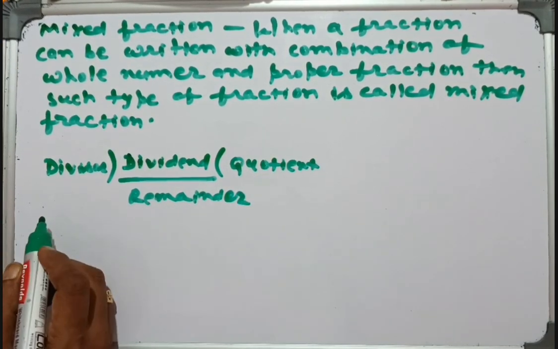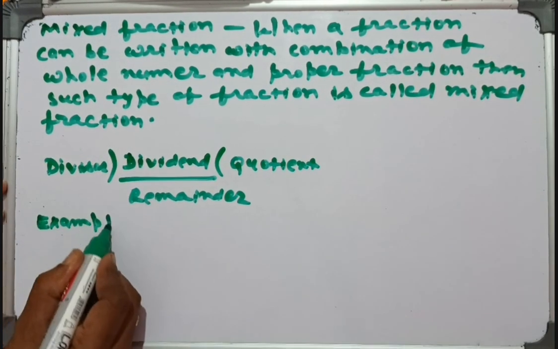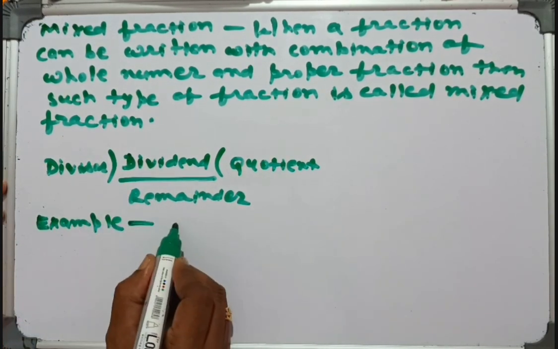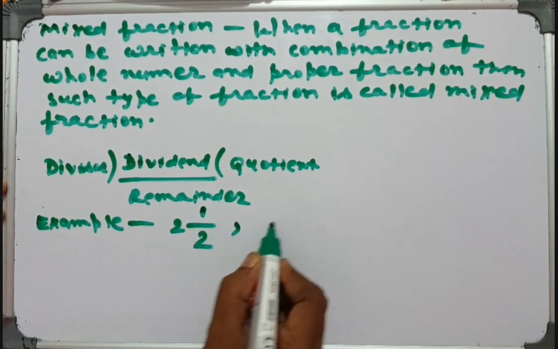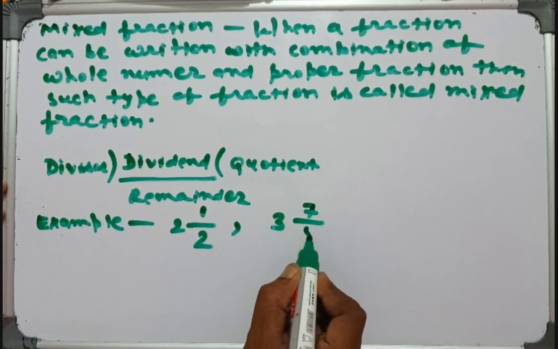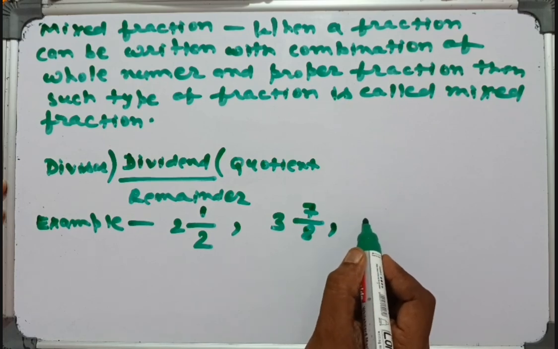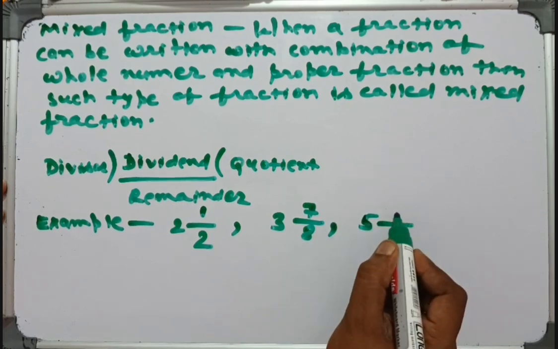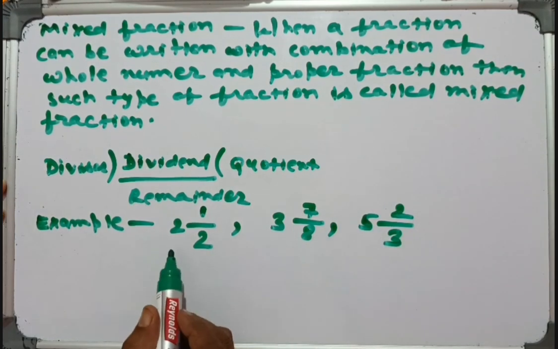Now see examples of a mixed fraction: 2 and 1 by 2, 3 and 7 by 8, and the next example 5 and 2 by 3.